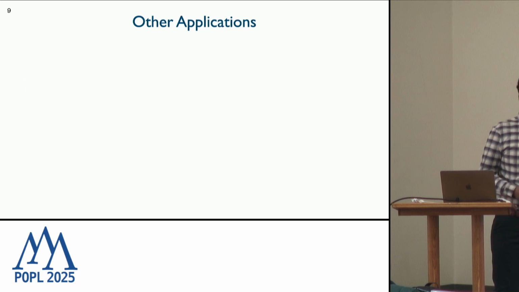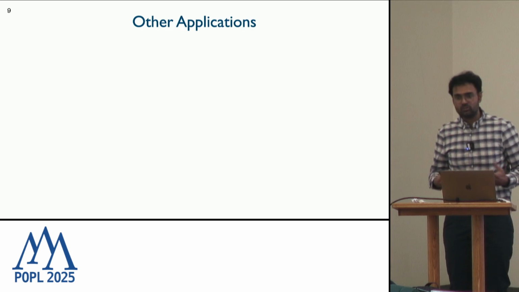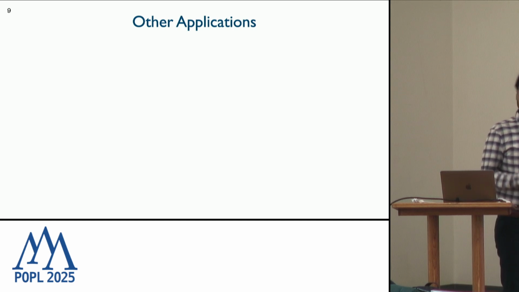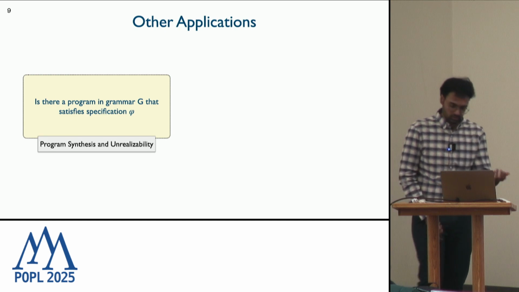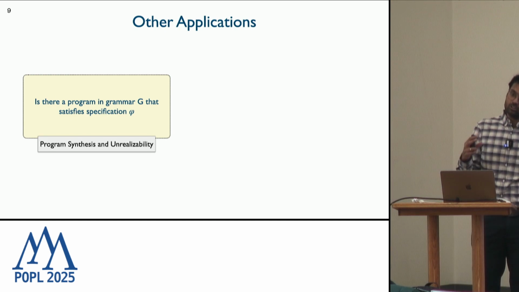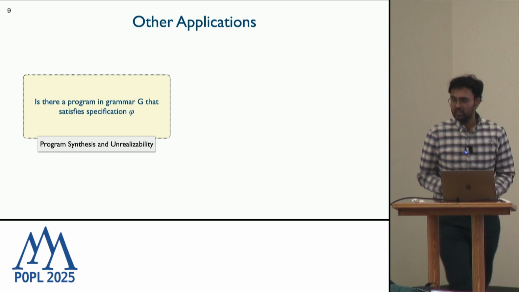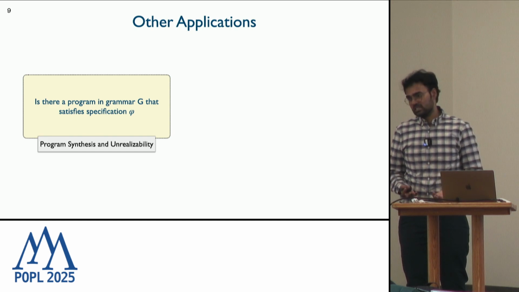And of course, this concept of coming up with the set of behaviors as a language and then translating them into formulas is not limited to program verification. You can also apply the same concept to program synthesis. This time, your set of concepts is a set of programs coming from a grammar, and you'd like to see if there is a program in this grammar which satisfies the specification.